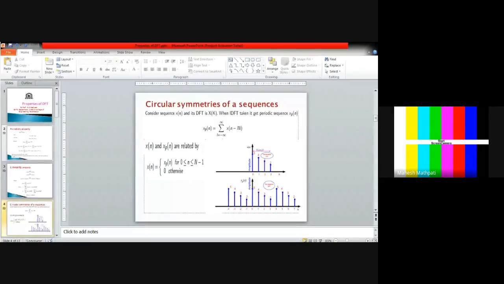Now, we know the definition of DFT and IDFT. If you write a periodic repetition for the IDFT equation, then we write it simply as xp of n equals the sum over L from minus infinity to infinity of x of n minus Ln. This means that periodic repetition means the signal has values from minus infinity to plus infinity. But what is the definition of DFT? Whether it is finite or infinite.